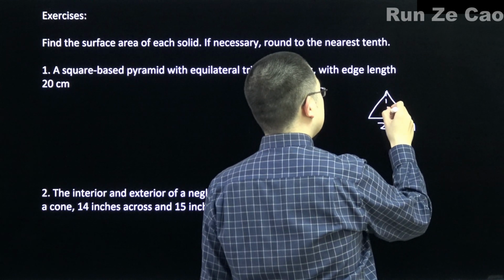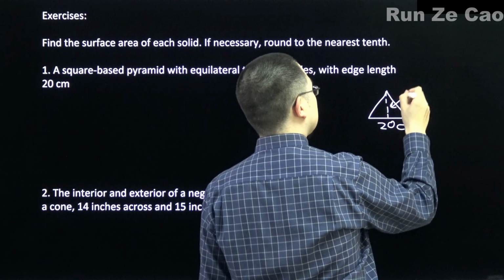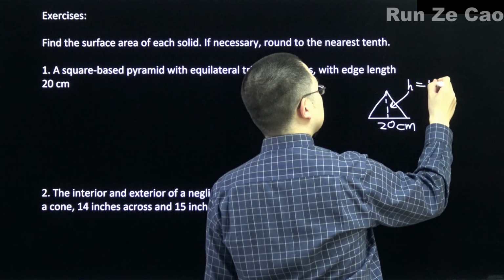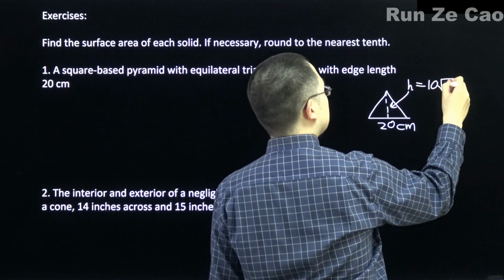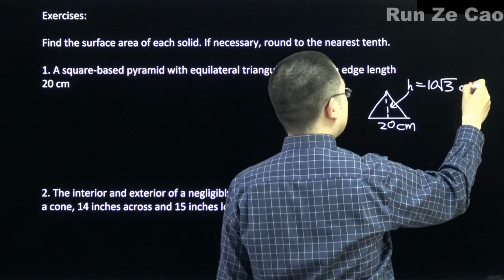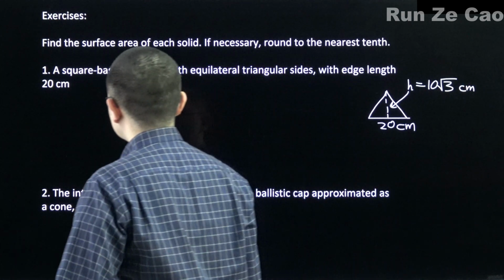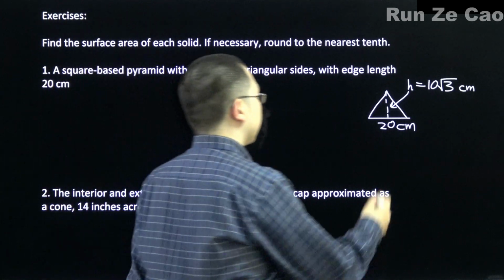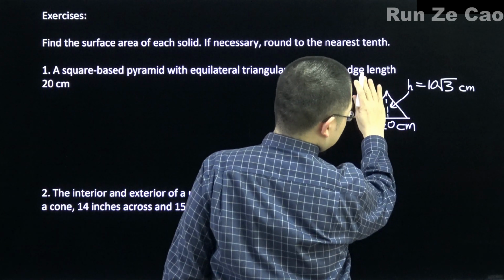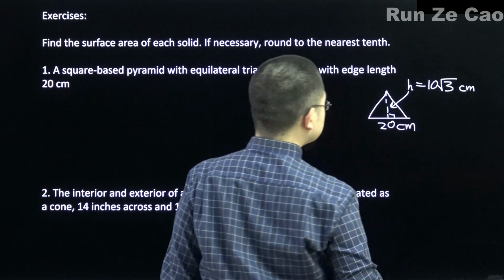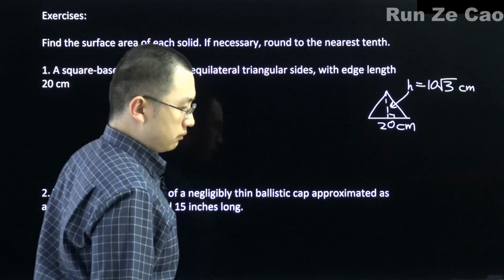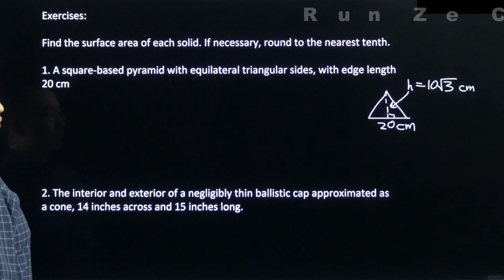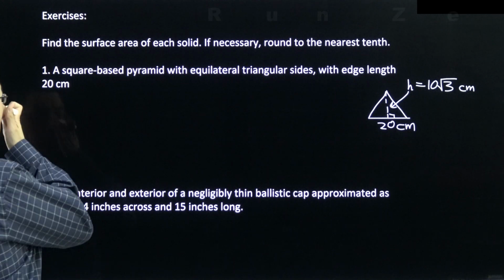And this side height is equal to 10 square root 3 centimeters. Yeah, it's just a rule of equilateral triangles, or rather the 30, 60, 90 right triangle. It's 1, root 3, and 2. That's the ratios of the sides.